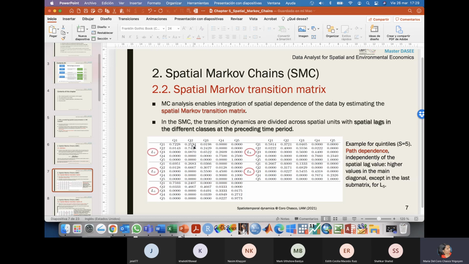In our case, the next period was the next decade, 0.25. But this 0.25 is different than this 0.26, or this 0.24. They are the same, from Q1 to Q2 in t to t+1.